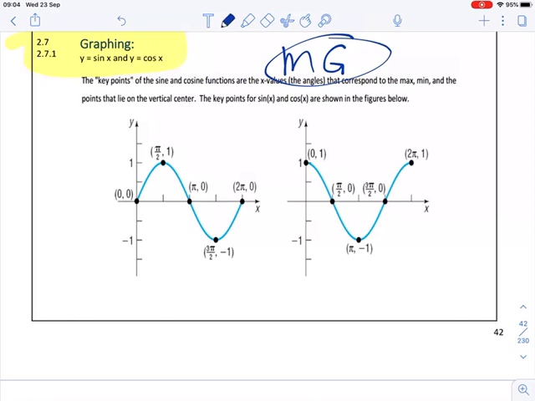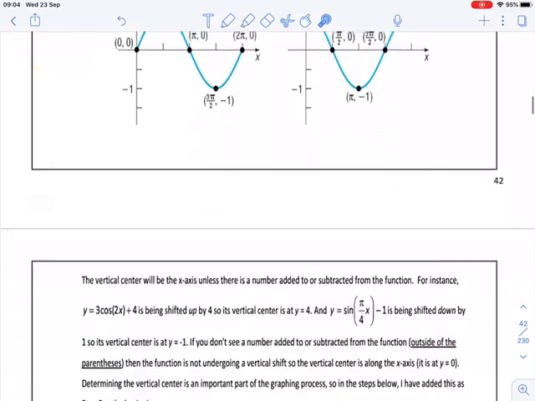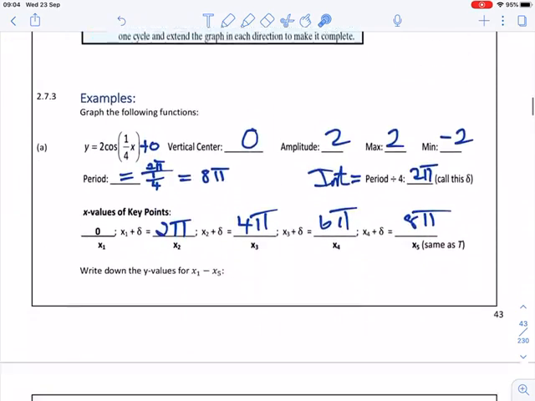So there the 5 points are indicated, and the difference is that sine starts at the central position and then per interval moves to top, to center, to bottom, to center. So center, top, center, bottom, center. And cos starts at the top, center, bottom, center, top. That's the difference between the two. We must just know that very, very well.